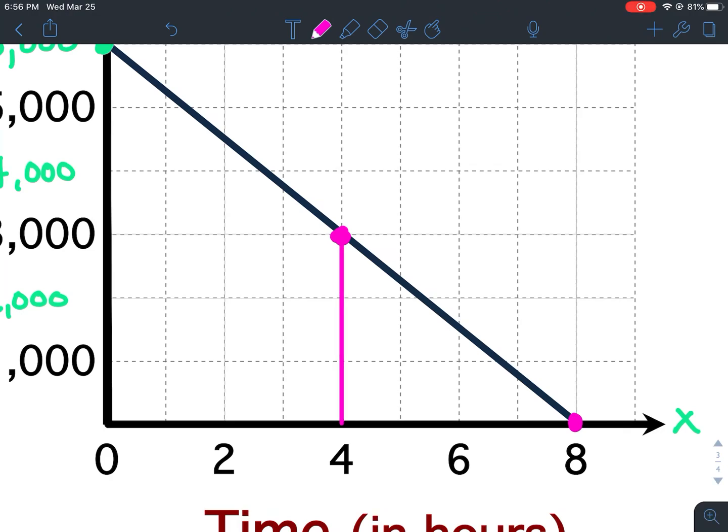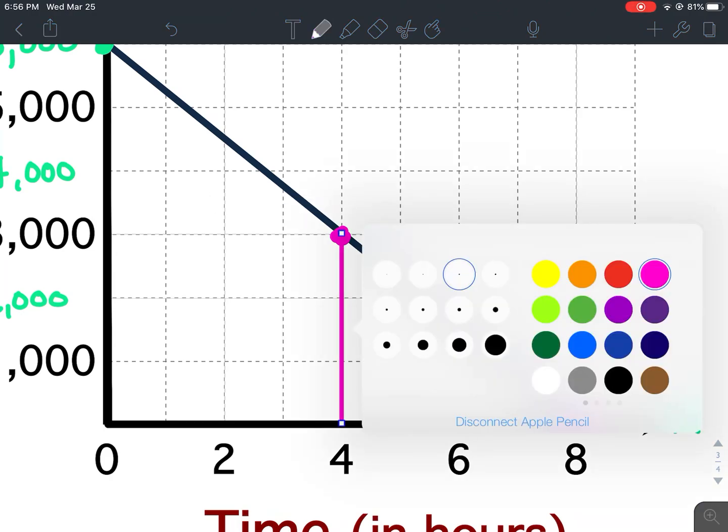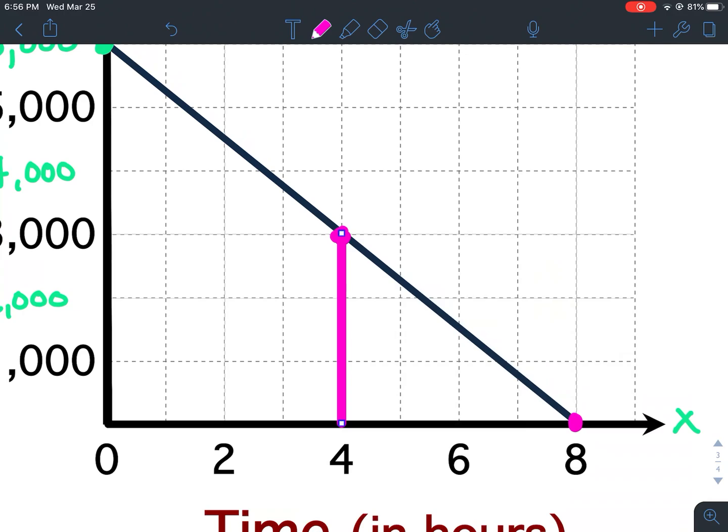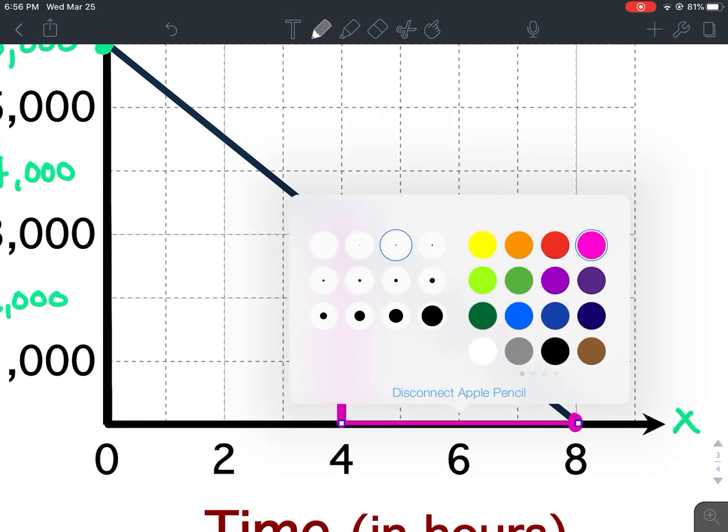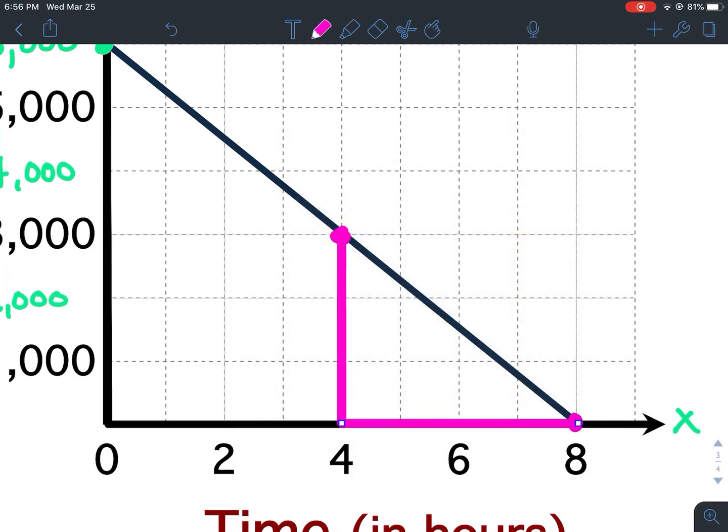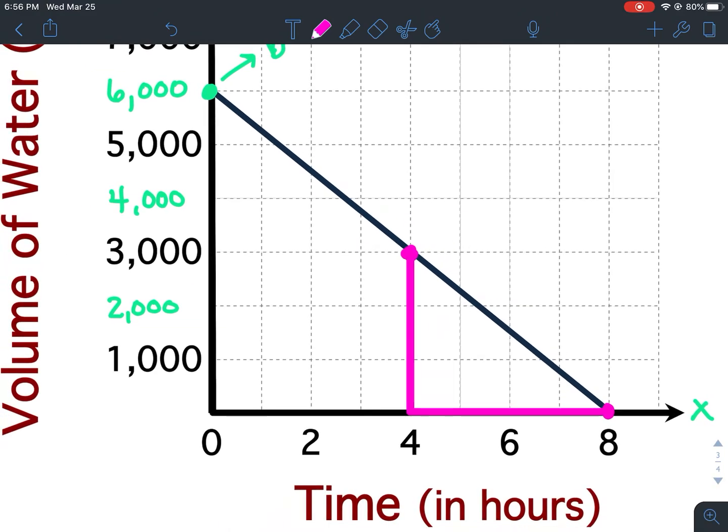So let's draw a line down, and draw a line across. Okay, so the key word there I said was down. This slope is going down, so that means our slope is going to be negative. So don't count the lines. This is not -3. That would be wrong.